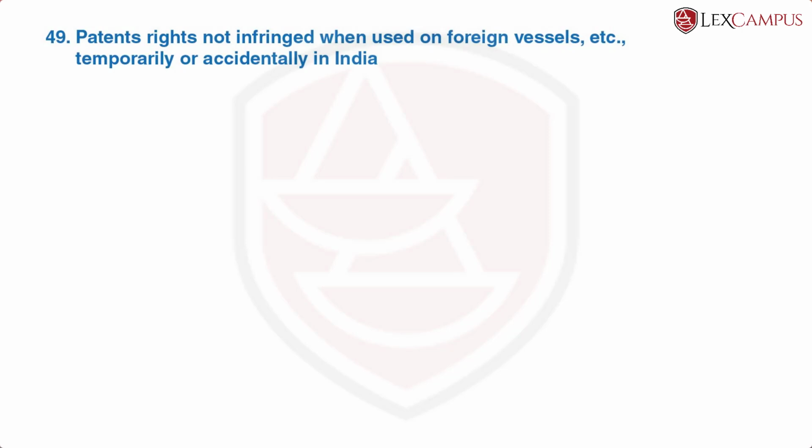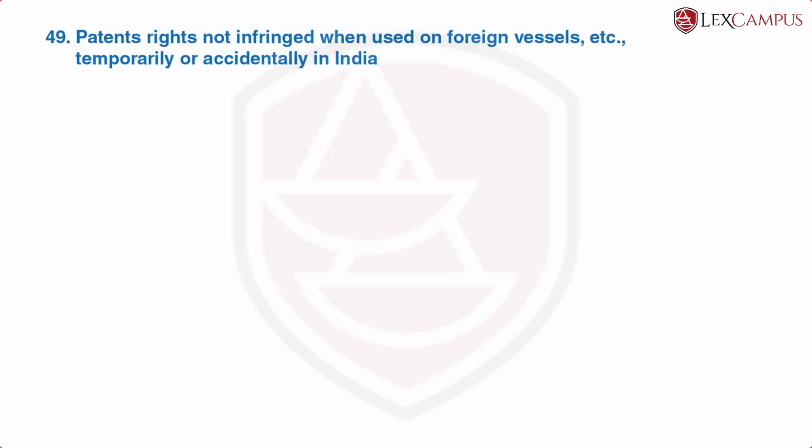Just the fact that it came into India, and these are understood as vehicles or equipment in transit. It is not meant to be here, it is just for a temporary purpose. So, in such cases, even if the technology in that equipment or vehicle is patented, the coming into India and leaving India, when it happens temporarily or accidentally, does not amount to infringement.